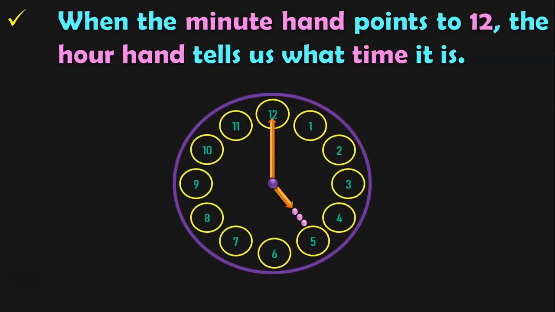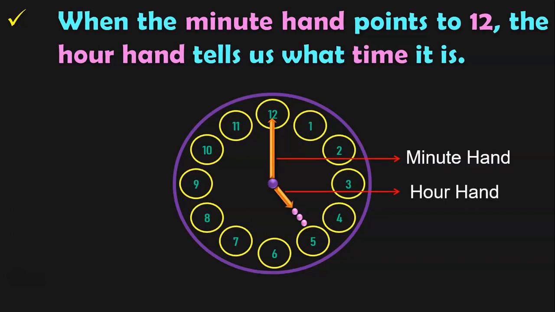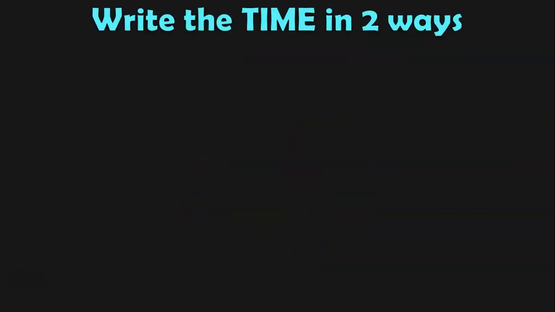So here in this clock, we see that the minute hand is pointing to 12 and the short hand or the hour hand is pointing to 5. So what is the time now? 5 o'clock. Let us now see how to write the time in two ways.